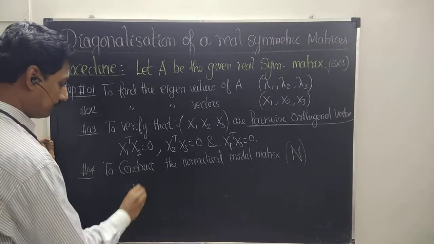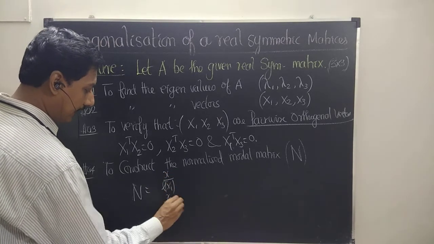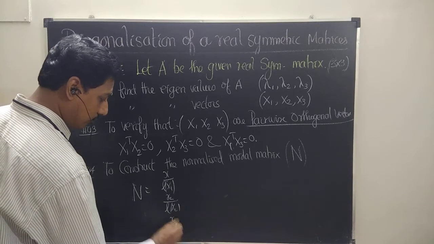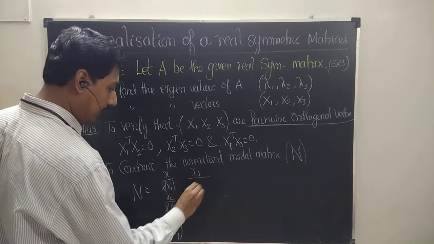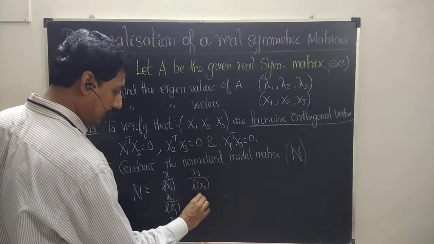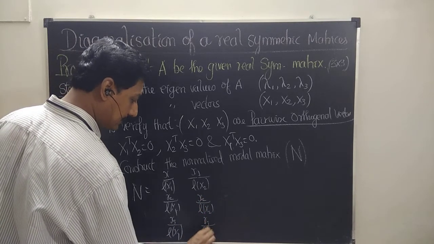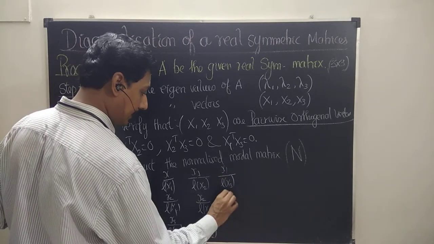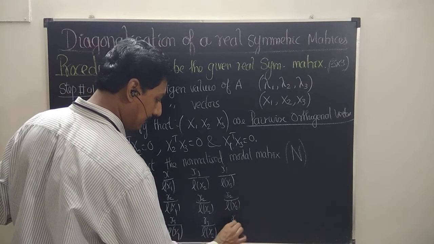For example, N has first column x1 by length of x1, x2 by length of x1, x3 by length of x1. What about the second column? x1 by length of x2, x2 by length of x2, x3 by length of x2. Third one, x1 by length of x3, x2 by length of x3, and x3 by length of x3.